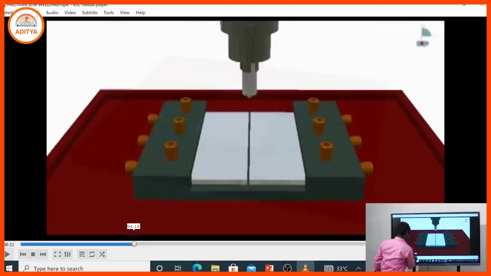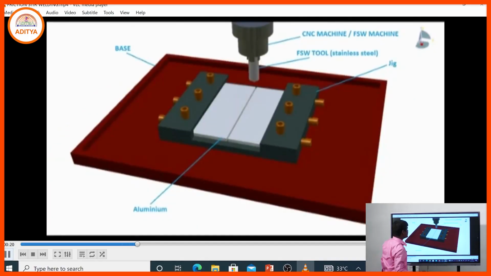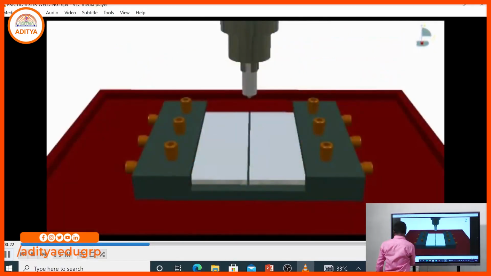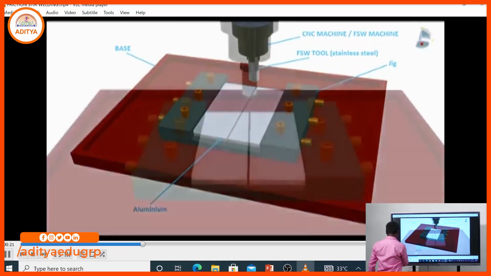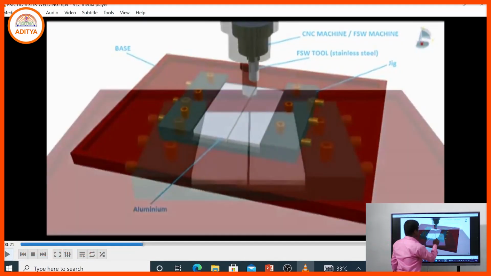This is the CNC friction stir welding machine tool, in which we use a probe made of stainless steel. That is the jig and the base plate. Using that jig we hold the aluminium plate in the jig system.